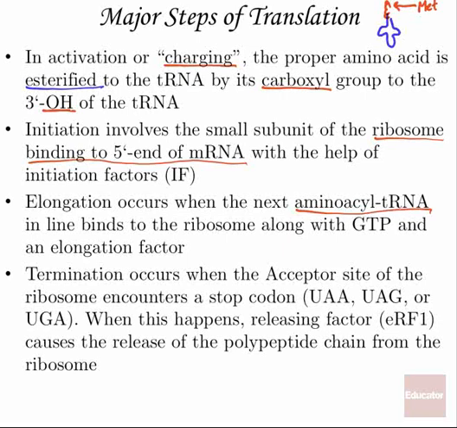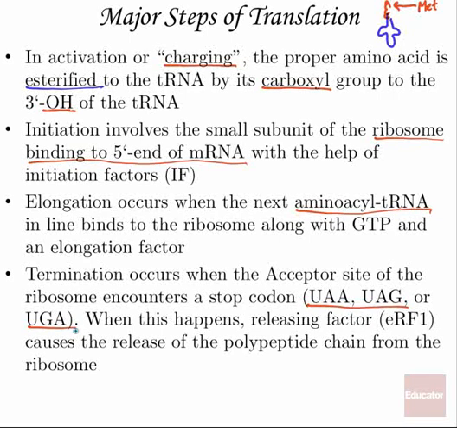Finally, we have termination occurring when we have the acceptor site of the ribosome encountering a stop codon on the mRNA. And remember, our stop codons are UAA, UAG, and UGA. When this happens, we have a releasing factor.